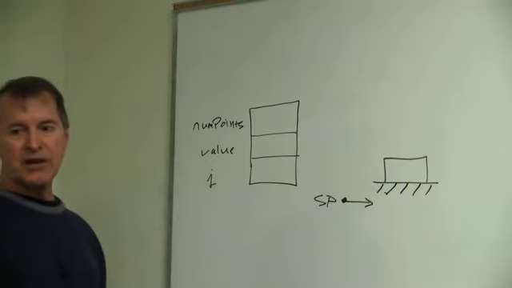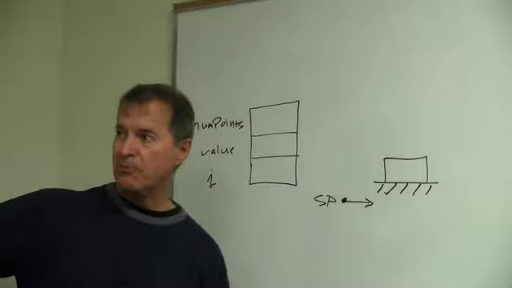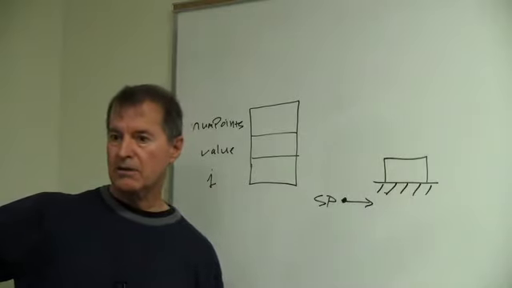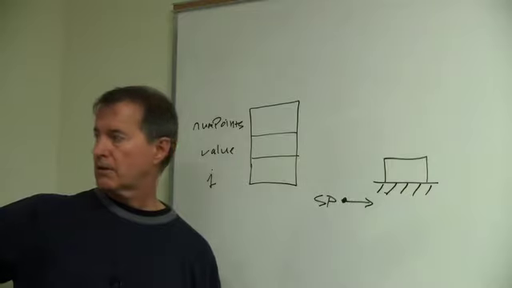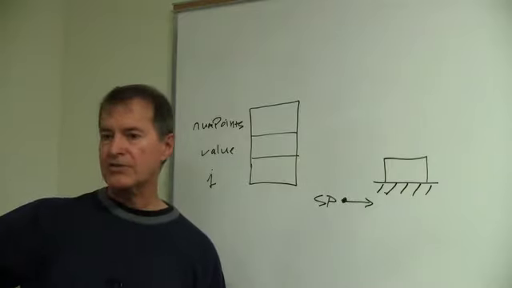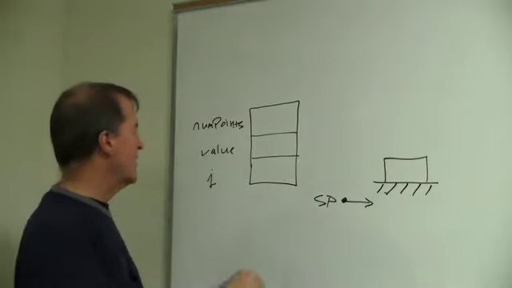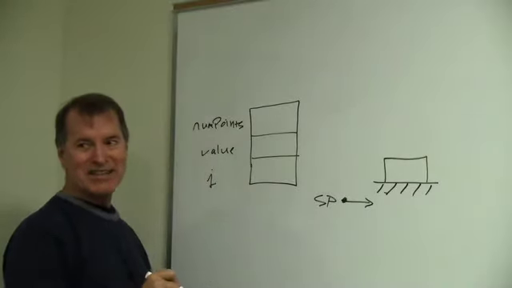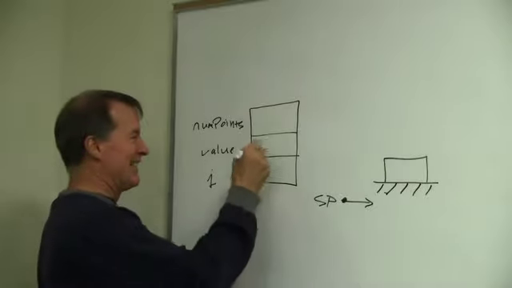Now, how do we get that up there? What is the parameter? The parameter is value. It's a global. I hate to say this, but we need to get the value of value.